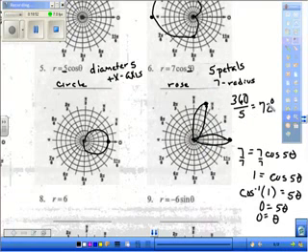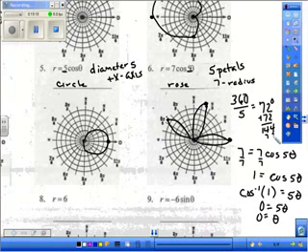Okay, so if I'm at 72, I got 1 at 0, 1 at 72. My next one, you add another 72, will be at 144. Okay, so 144 is going to be about right here. And then add 72 to 144 at 216, which is going to be right about here somewhere.